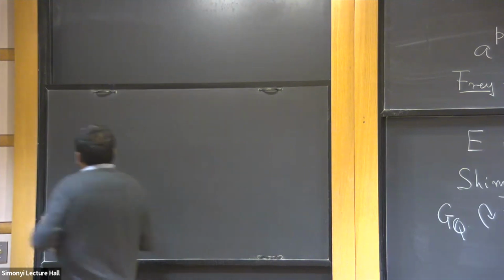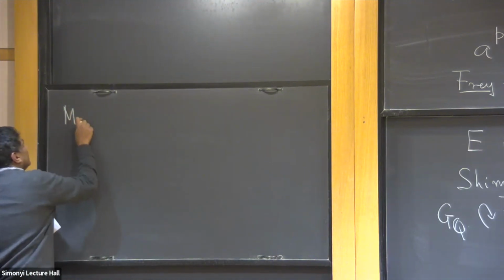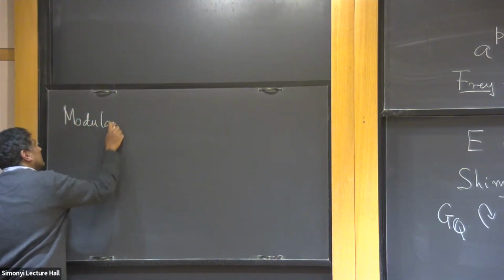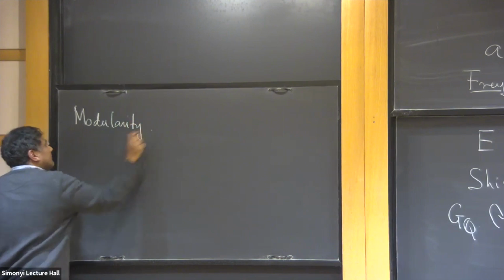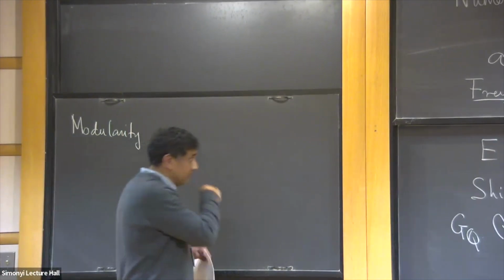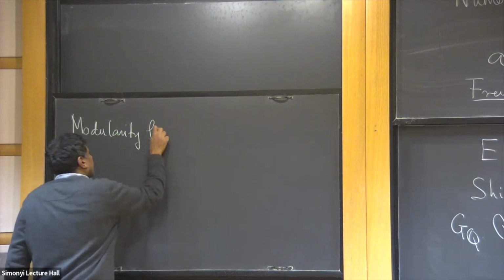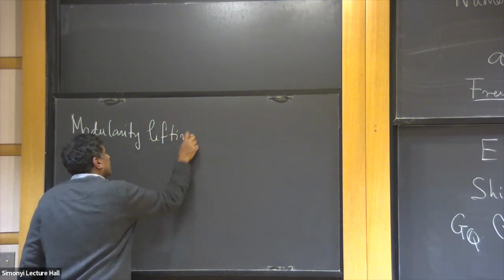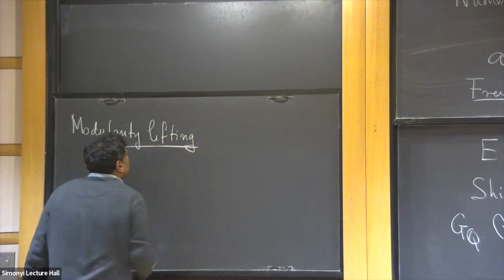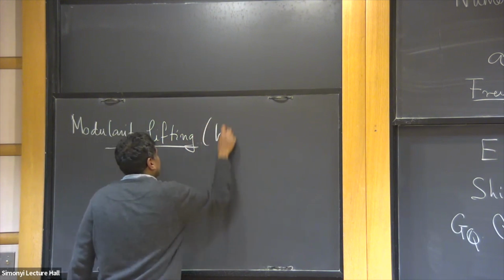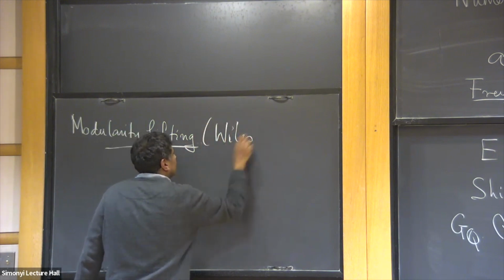So the modularity lifting technique is where you want to prove this is modular, but you have to start somewhere. So you give yourself the information that the residual representation is modular. This is the work of Wiles and Taylor-Wiles, 1994, 95. Okay.